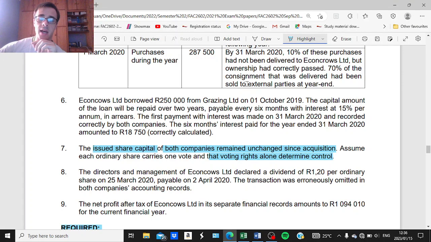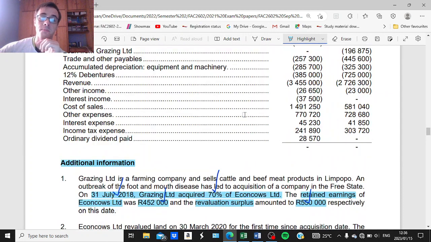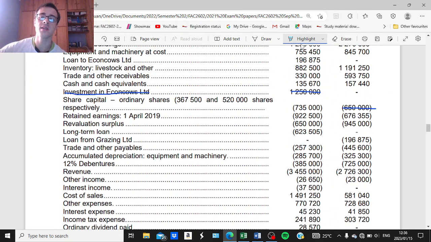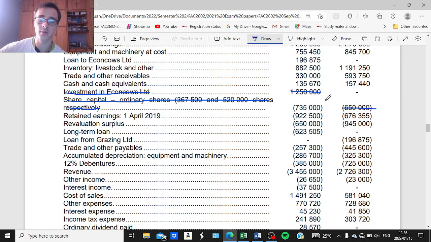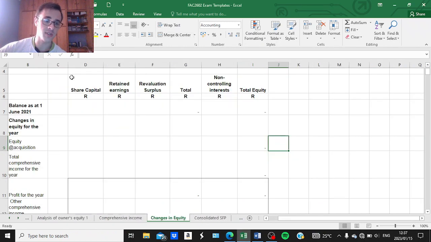Okay, and because the issued share capital of the parent also did not change since the date of acquisition, we will also take this closing balance of 735,000 as the opening balance for this year. Okay, because there has not been a change in the ordinary share capital of the parent since the date of acquisition. So the year-end balance is also the opening balance for this year for the parent, and this will be the opening balance for the share capital column in the consolidated statement of changes in equity.